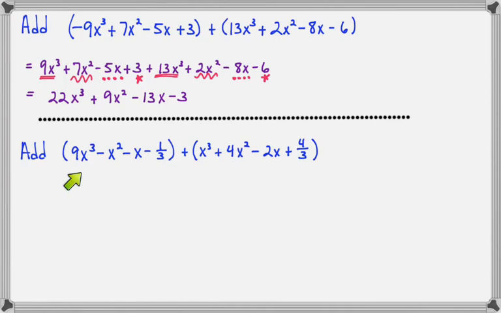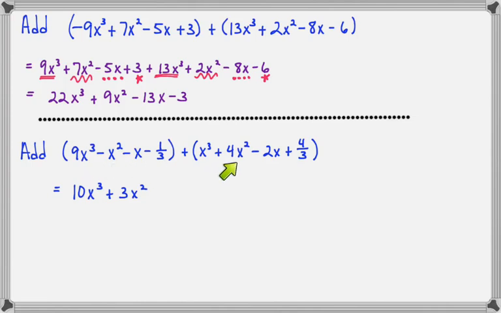So again, I've got 4 terms in the first one, 4 terms in the second one, and the parentheses aren't doing anything, so this time I'm not going to recopy it. I'm just going to say to myself, the parentheses may as well not be there, so let's combine terms. 9x cubed plus 1x cubed is 10x cubed.